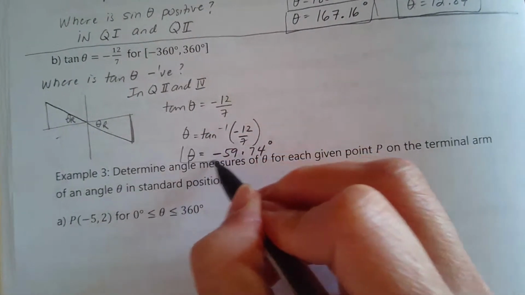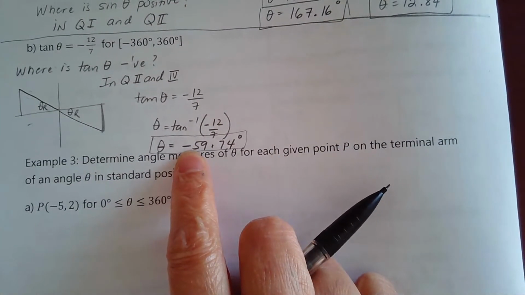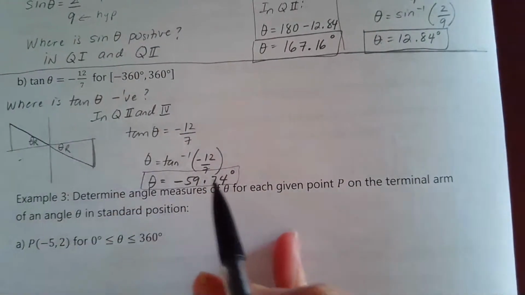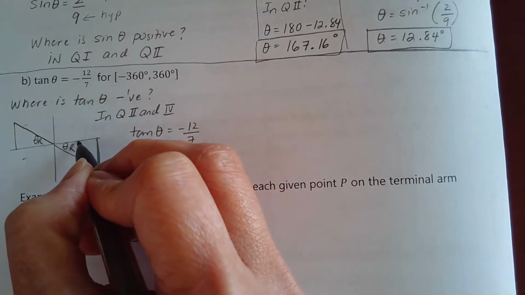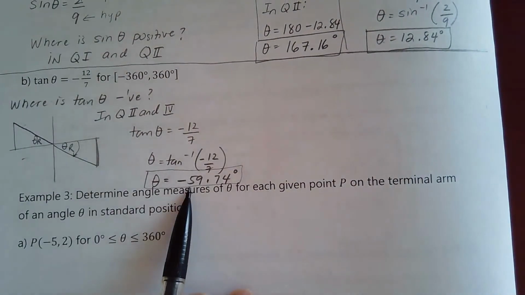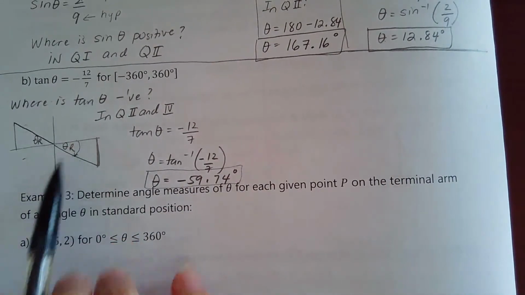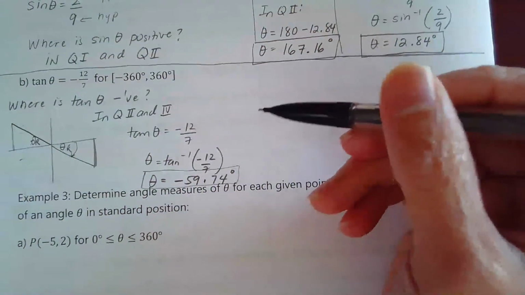Okay, what do we know about that? It's a negative angle, meaning that this negative angle that they're telling us is actually this angle right over here. It's saying that theta is going in a clockwise direction.